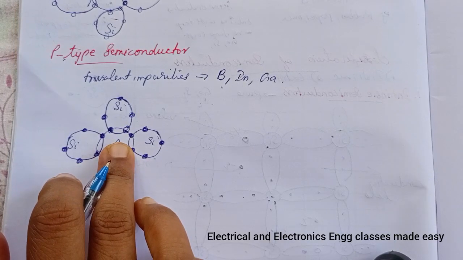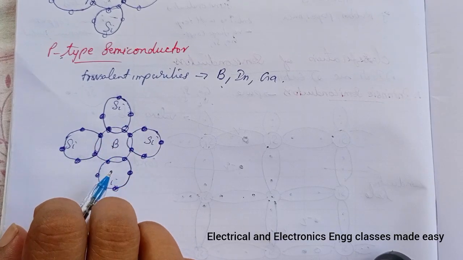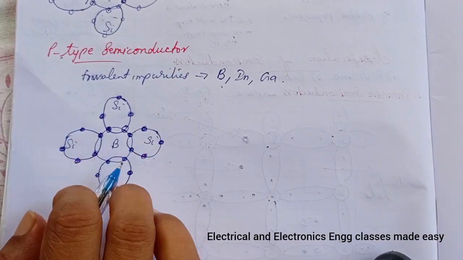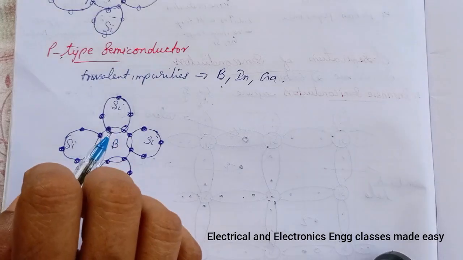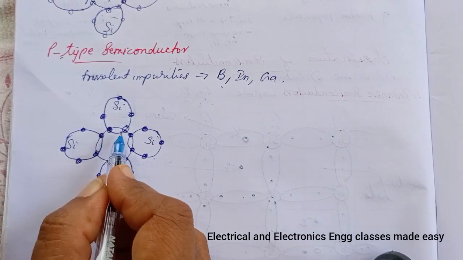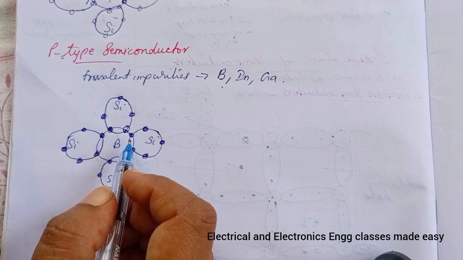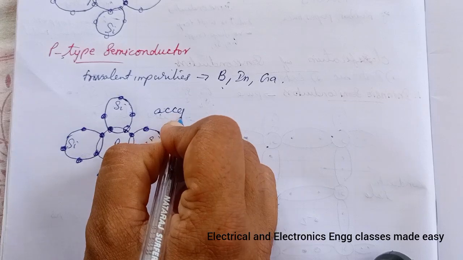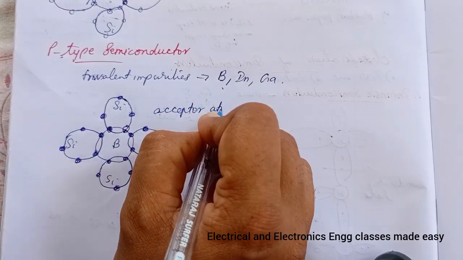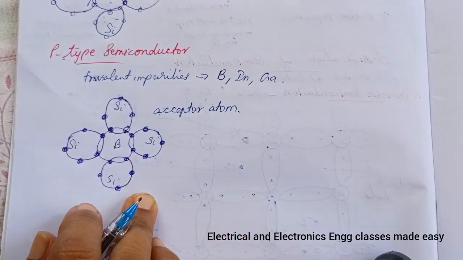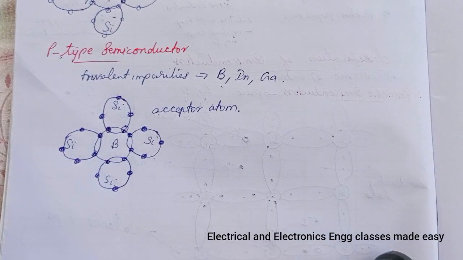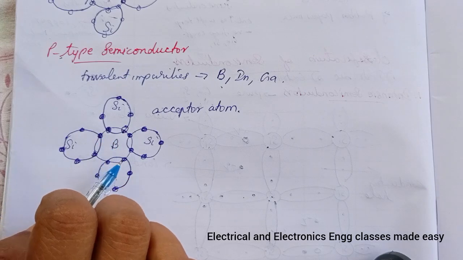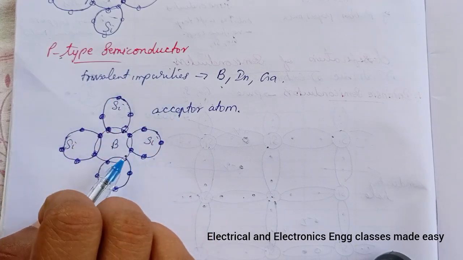The trivalent atom can take an electron, so it is often referred to as an acceptor atom. A hole is created due to the addition of this trivalent impurity.